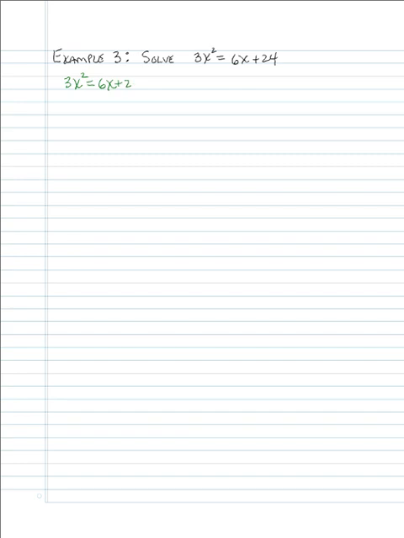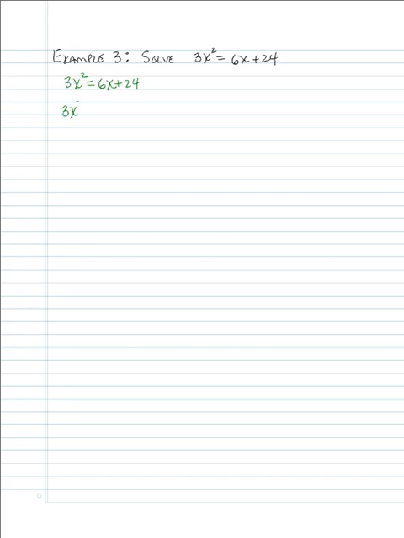And you see that we're faced with the situation that we don't have it in the right form. We don't have 0 on one side. And so we need to make a decision on whether we want 0 to be on the left or right. And unless there's some special circumstances, I usually have 0 on the right, which means I need to get rid of the 6x and get rid of the 24 that exists on the right now, and I'll do that by subtracting 6x and subtracting 24 on both sides.